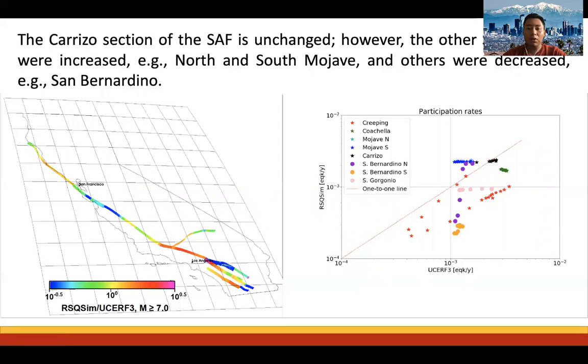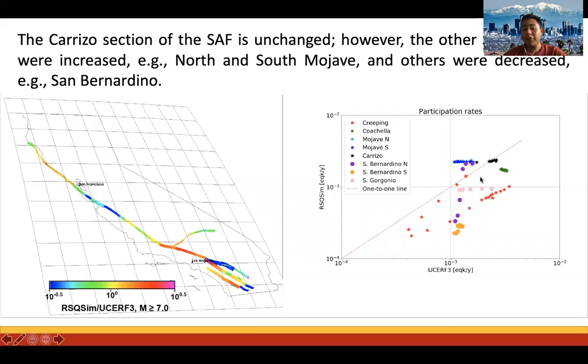And that means that those rates weren't changed after the calibration. And the Carrizo section on the left is represented by this yellow section, meaning that user 3 and RSQ-SIM both agreed on those participation rates.